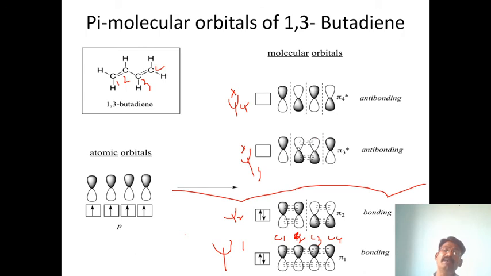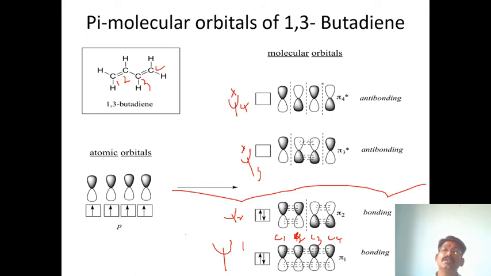So 2 nodes are present, and this is the pi star anti-bonding. And Psi 4, here there are no bonding electrons, so completely 3 nodes are present. C1, C2, C2, C3 and C3, C4 all are anti-bonding. There is no bonding in this one.